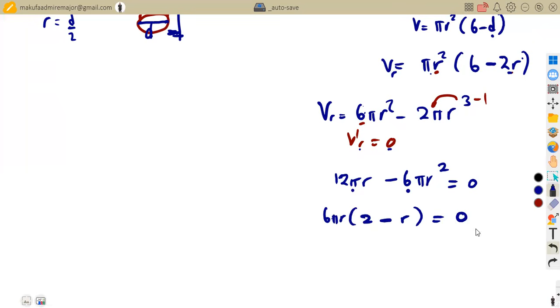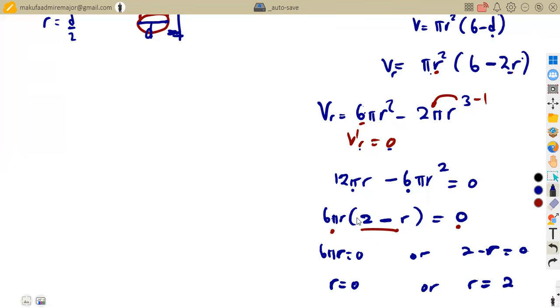So from the zero product concept, either 6 pi r must be equal to 0, or this bracket, 2 minus r, must be equal to 0. What does it mean? If we divide by 6 pi, our radius is going to be 0, or transposing to the other side, our radius is equal to 2.